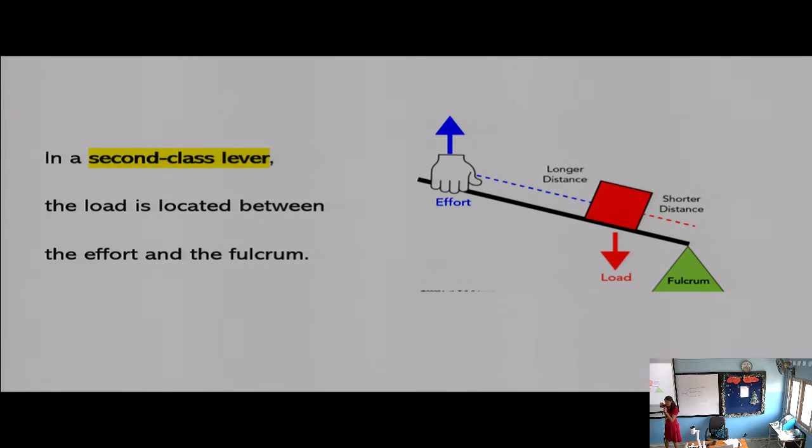Middle. You know what is meant by middle? So which part is in the middle? Load.